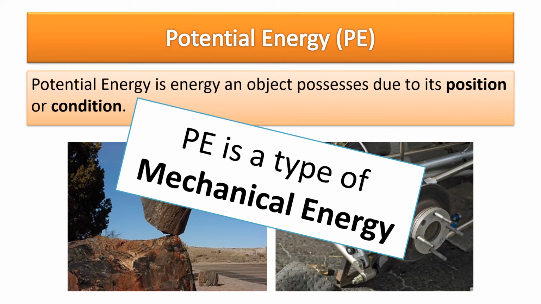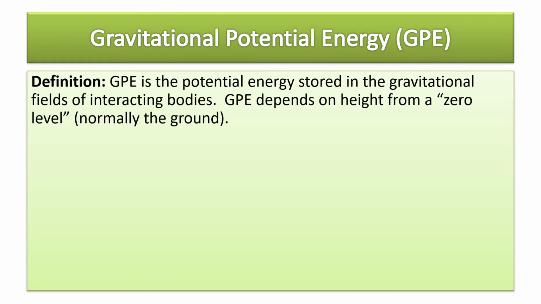It's an umbrella term. So this is gravitational potential energy, and I like to use GPE to differentiate it from the other potential energy that we learn, elastic potential energy. It says gravitational potential energy is the potential energy stored in the gravitational fields of interacting bodies.